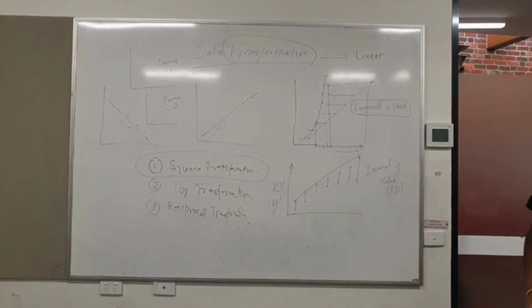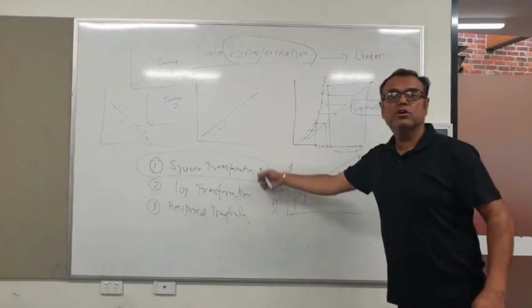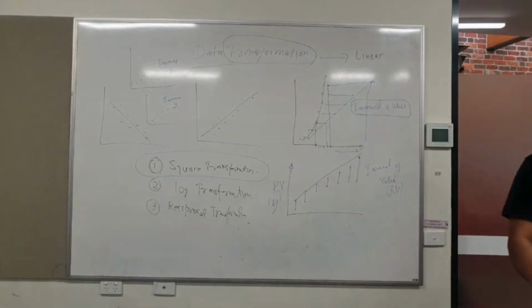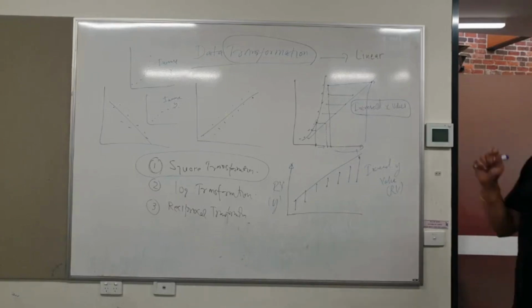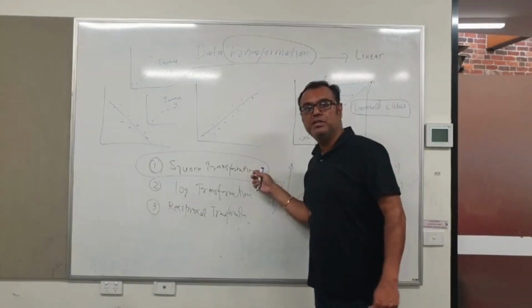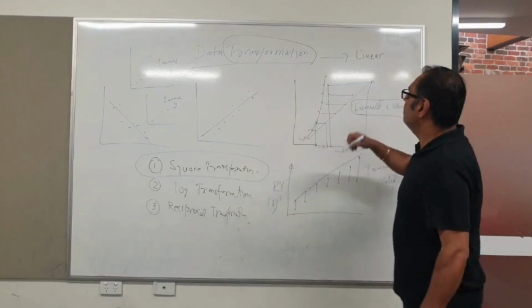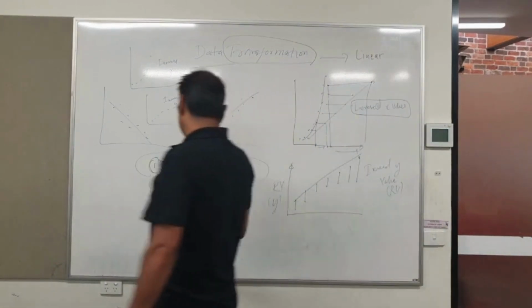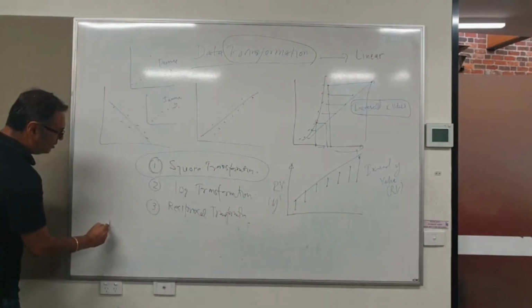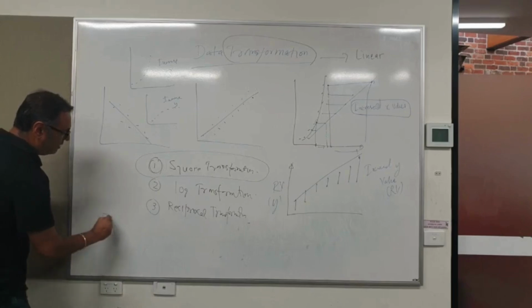And how do you increase it? First way to increase it, probably the best way to increase it, square that value. And how do you square that value? For example, let's say your X and Y, your EV and RV.